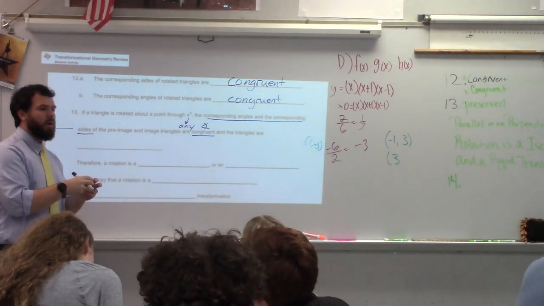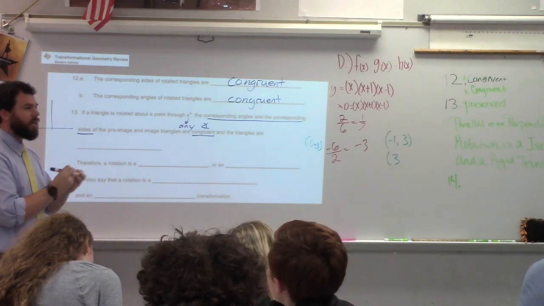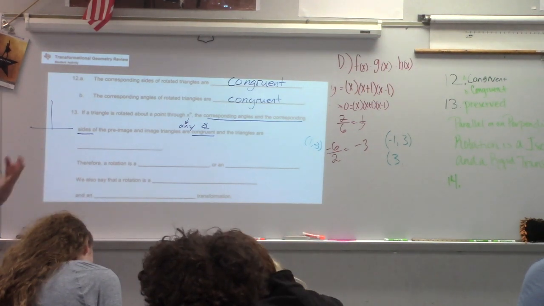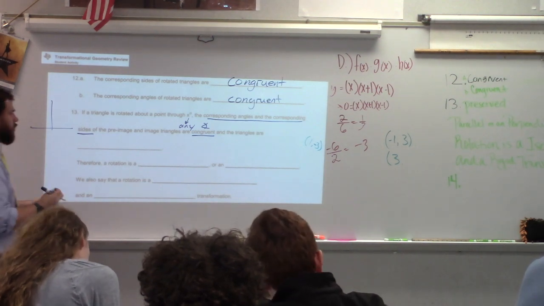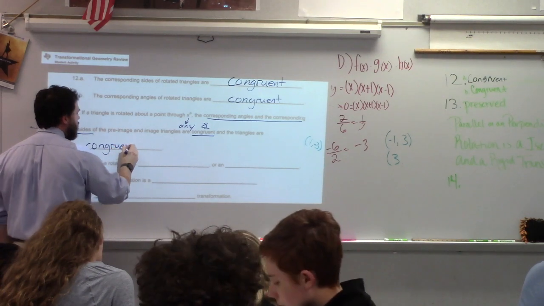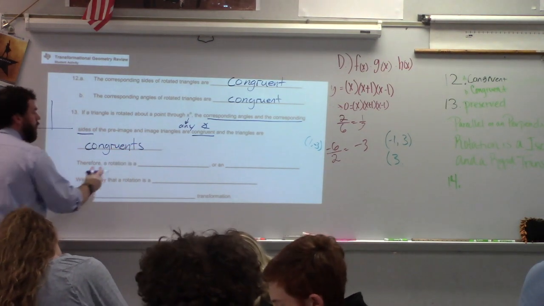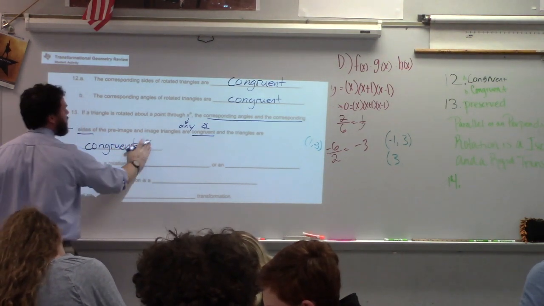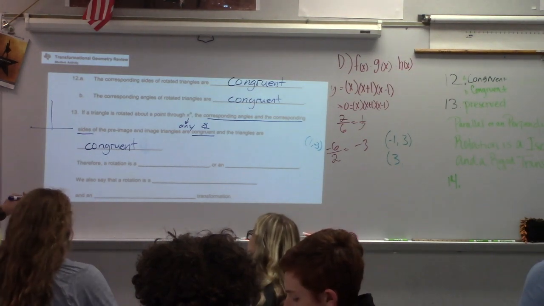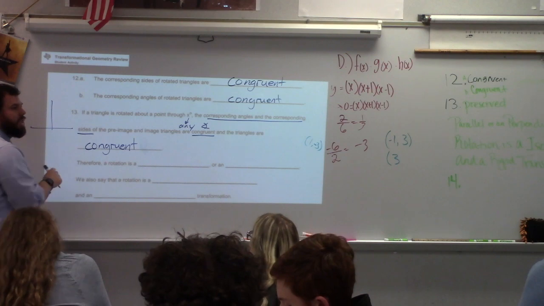But what does it mean that the triangles are... The side lengths are preserved, the angles are preserved, the areas are preserved, so the triangles themselves are congruent. Wow, that's a lot of congruence. But that's kind of the point: if we do a rotation, the triangles are congruent.